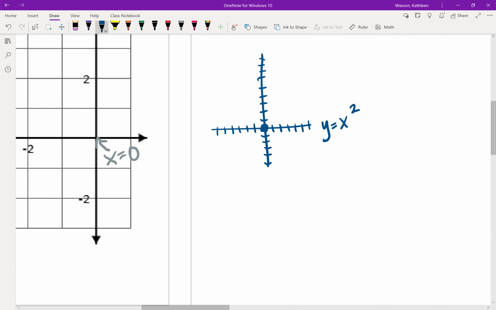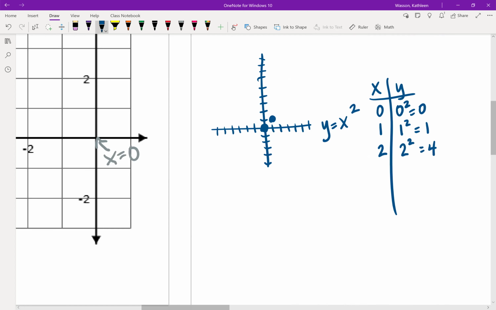This is because if I make a t-chart for y equals x squared, whatever the x is, the y is that number squared. 0 squared is 0. If I chose x is 1, then y would be 1 squared, which is 1. I can put 1, 1 on this graph. If x is 2, then y is 2 squared. That's 4.